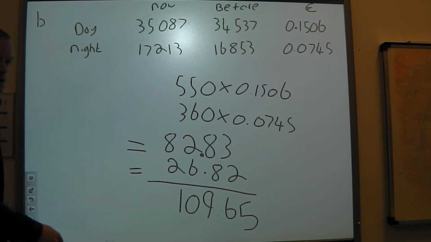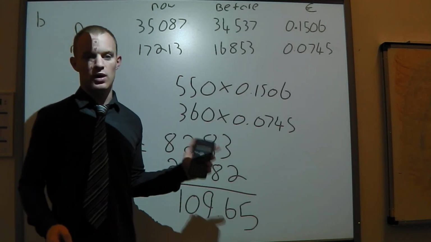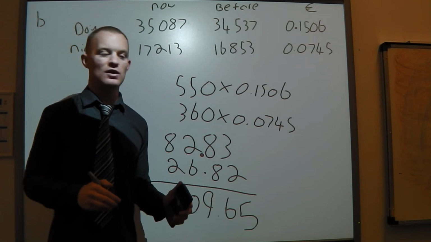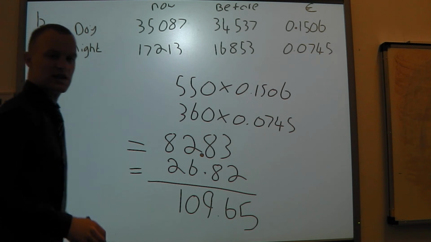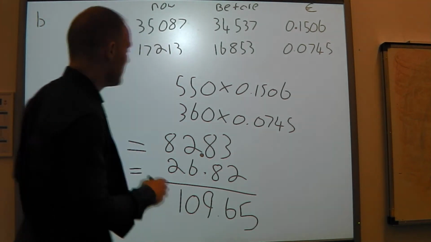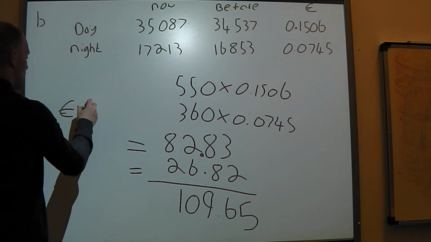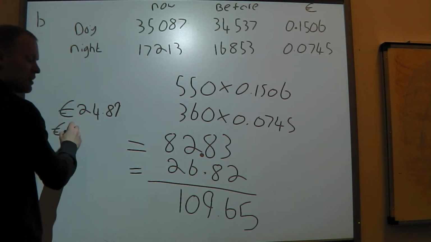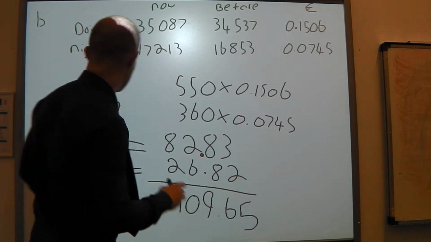So back on this question here, that is the answer to part 1. It's €109.65. But then for part 2, we're given a few additional charges. We're given an additional charge of €24.89. And we're given an additional charge of €5.46.